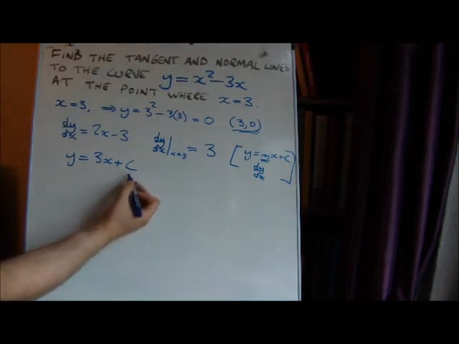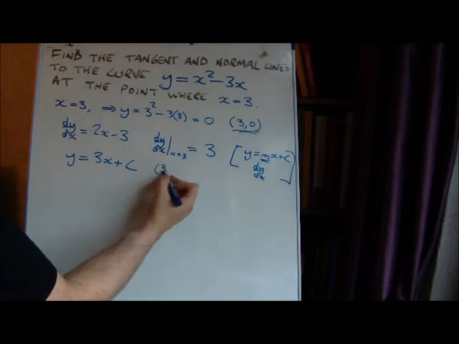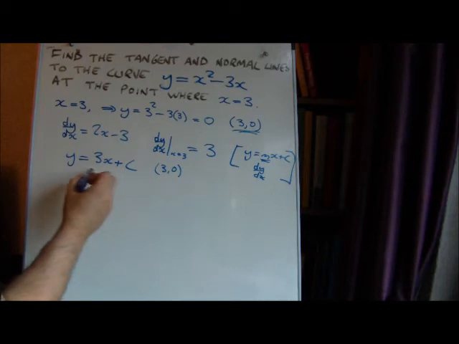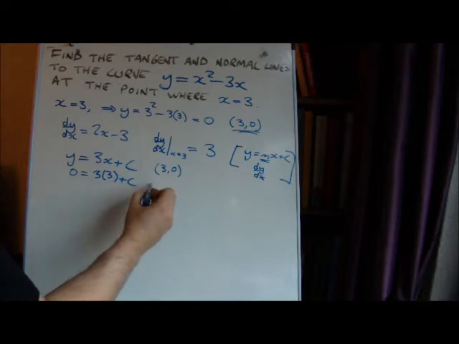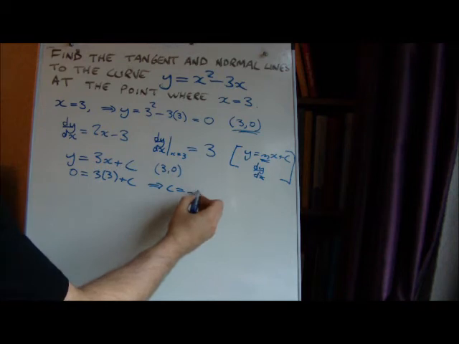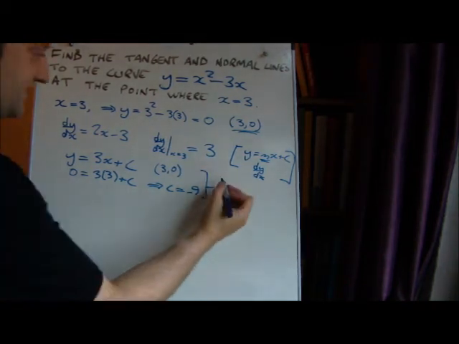The only thing we need to find out is the value of c, so we can use the point (3, 0) to find that out. If we substitute these in, we get 0 equals 3 times 3 plus c, which means that c is equal to negative 9.